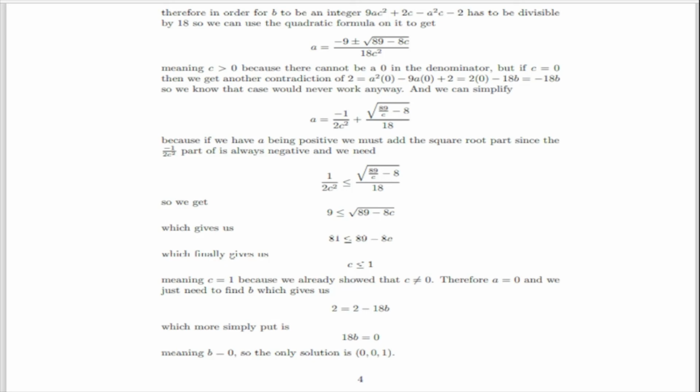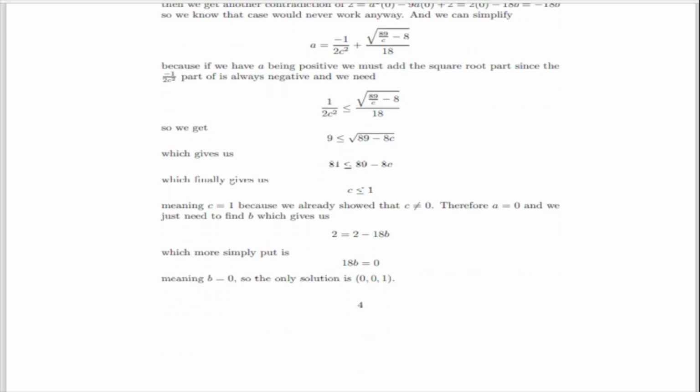So we end up getting 9 is less than or equal to the square root of 89 minus 8c, which gives us 81 is less than or equal to 89 minus 8c, which finally gives us c is less than or equal to 1, right?